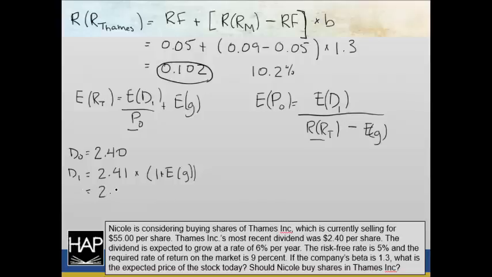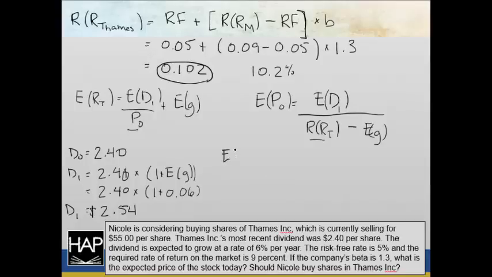So we've got $2.40 times 1 plus 6%. And that's going to give me my next dividend payment, which will be $2.54.